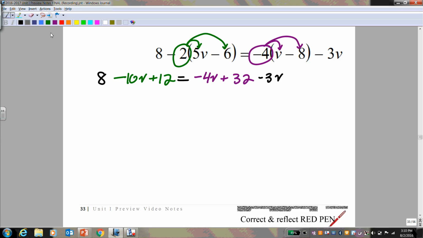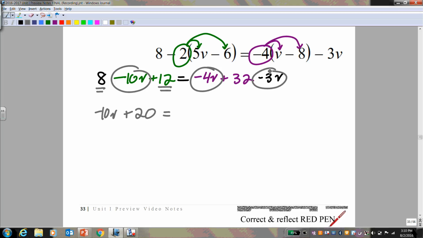I like to do physical collection, so on each side, I make some sort of notation on like kinds. So negative 10v is by itself, and then 8 plus 12 is 20. Over here, I'm going to collect my v's, that's negative 7v. What's left is 32. I want to get my variables to one side, numbers to the other.